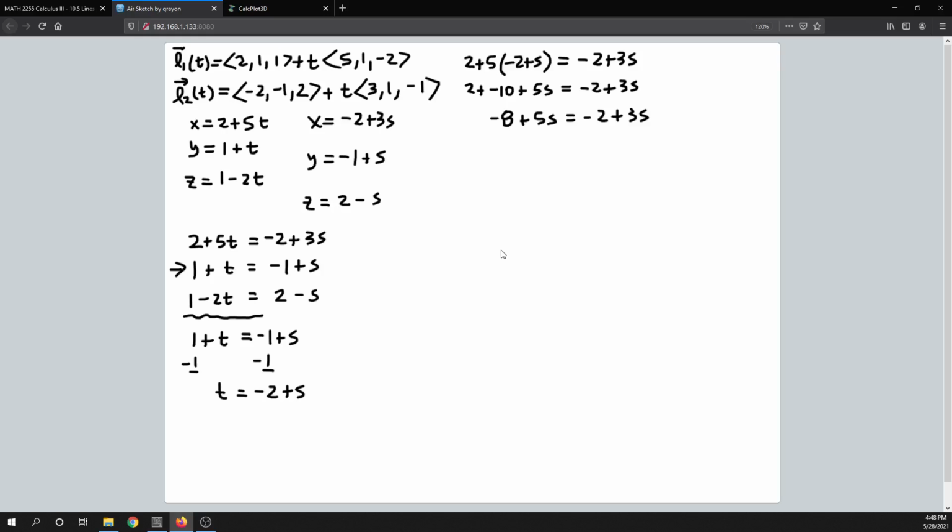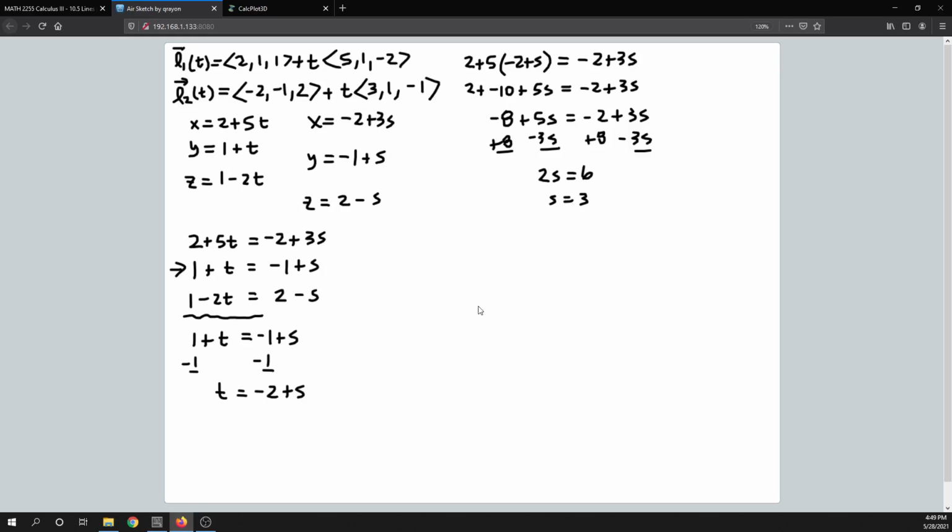So I am going to subtract 3s from both sides. I'm going to add 8 to both sides. So I get 2s equals 6. So s equals 3. So that helps me figure out what s is.